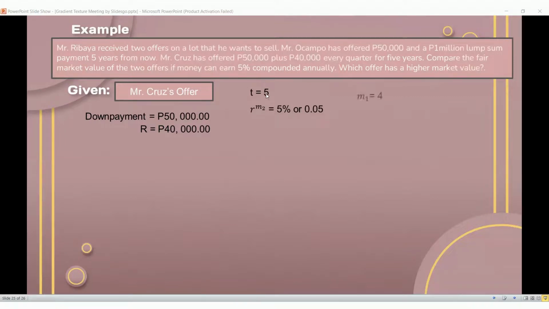For M sub 1, he pays every quarter 40,000, so M sub 1 is 4 because it is every quarter. M sub 2 is 1, because it is compounded annually.